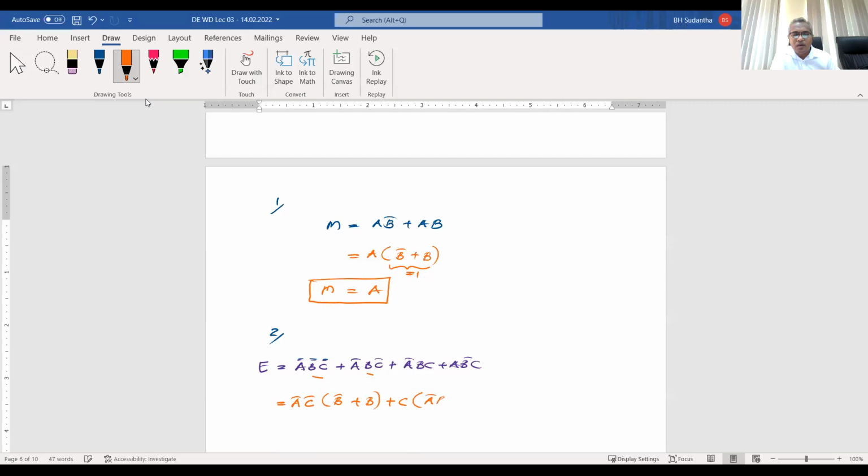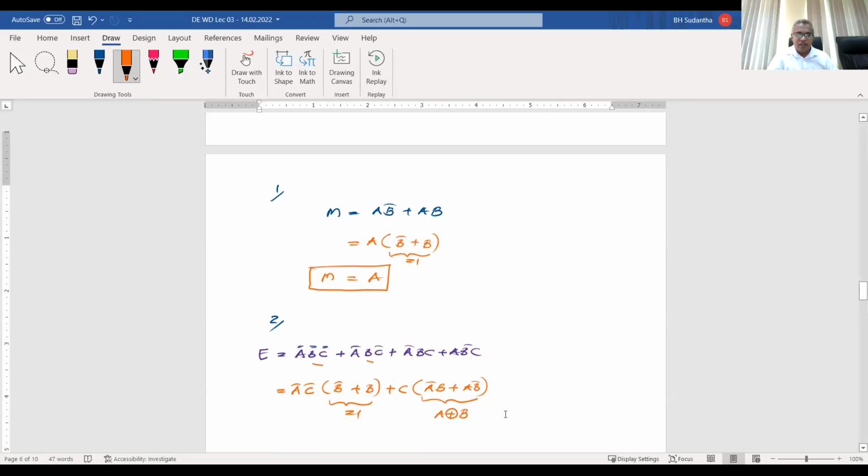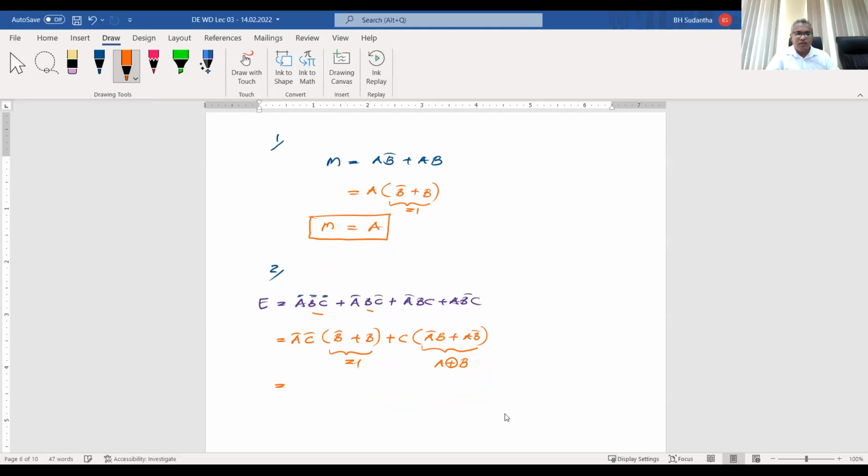Then here, A bar B plus A B bar is common. What is this? This is 1. And this one is A exclusive OR B. I'll explain why this is A exclusive OR B, but assume for the moment that it is correct. If it is correct, the new rearranged equation is A bar C bar plus C times A exclusive OR B.